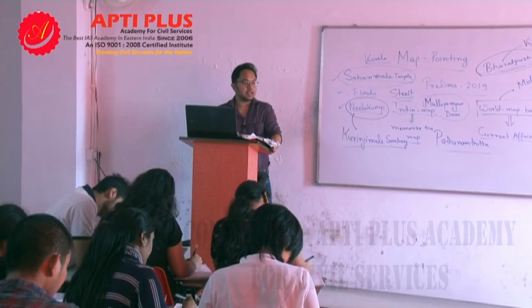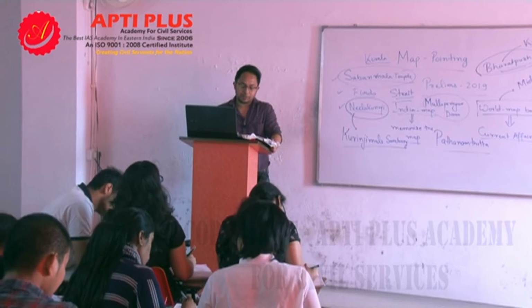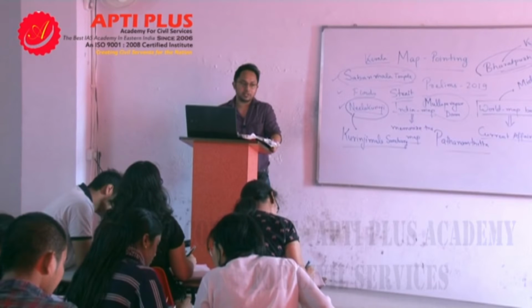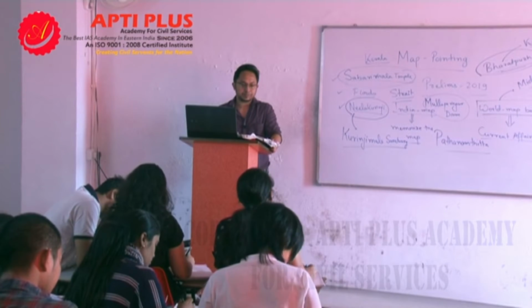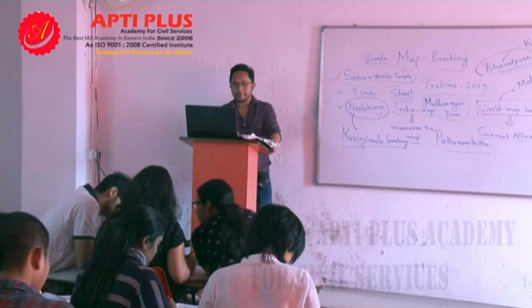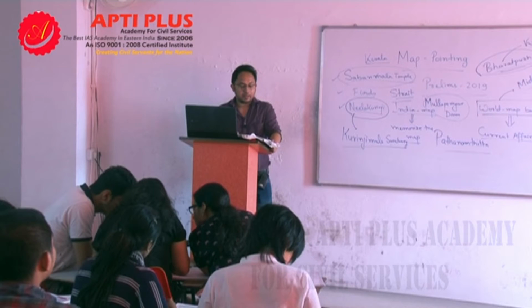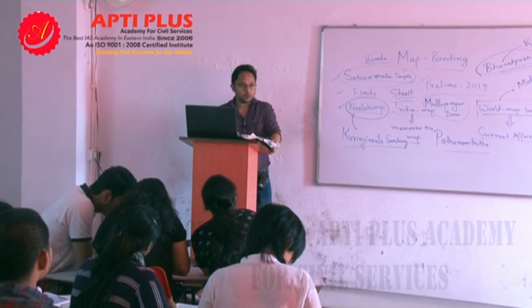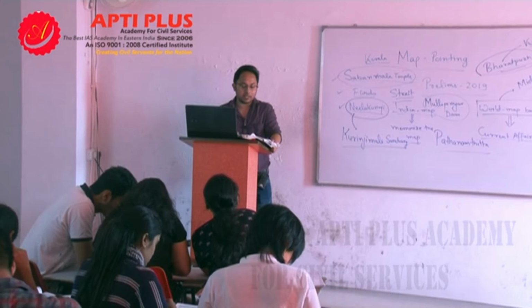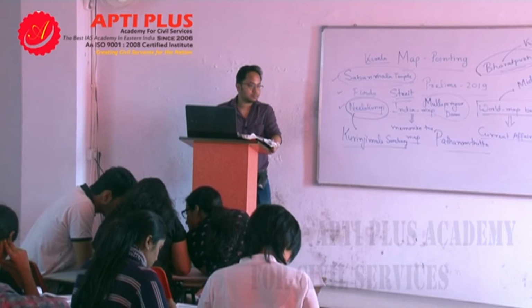A strait is a narrow water body which will connect two larger water bodies, right? So the Bosporus Strait will connect which two large water bodies? We have two bodies, one is the Black Sea, on one side you have Black Sea, and can you see another water body? It is the Sea of Marmara.